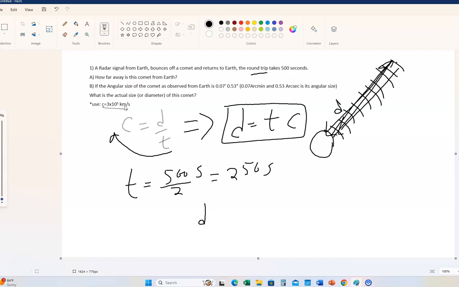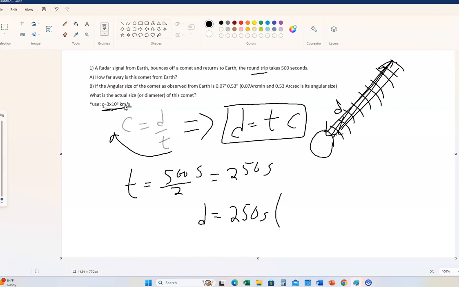All right, so now that we know that, we're going to plug it into this equation and solve for d. So d is equal to 250 seconds. Now the units have to cancel. The time is in units of seconds. The speed of light is commonly in units of meters per second, so that's 3 times 10 to the 8th meters per second. You might see it like that sometimes, and in some equations, it has to be that.